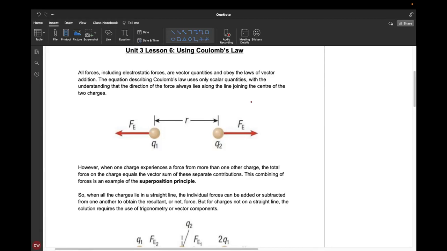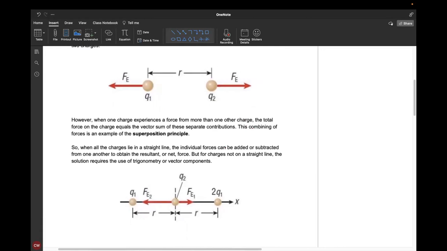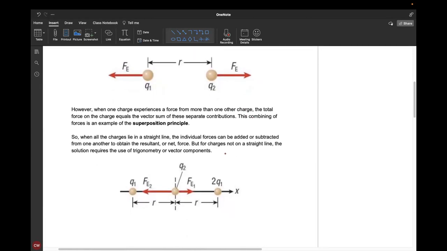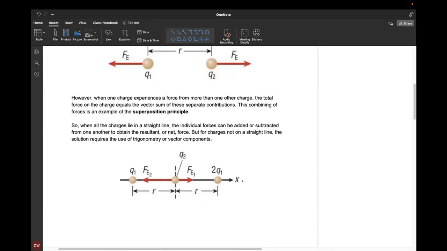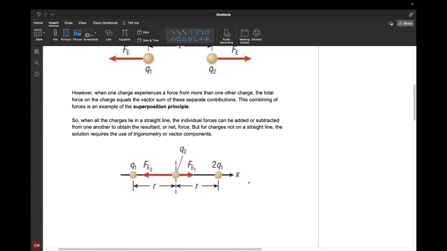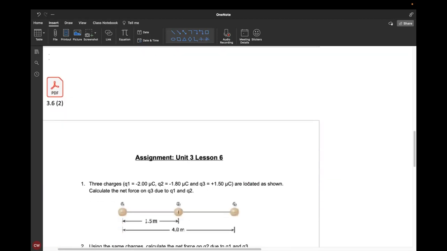However, when a charge experiences more than one force, the total force on it is the vector sum of the separate contributions. This is an example of the superposition principle. When all the charges lie in a line, the individual forces will be added or subtracted from one another to give the resultant net force. When the charges are not on a straight line, the solution requires the use of triangles and vector sums. Okay, so we need to do vector sum.